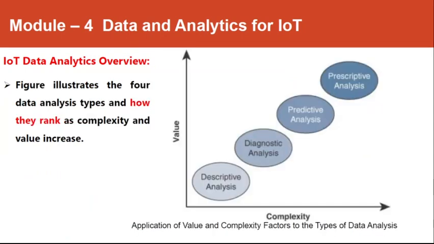In the figure you can see the four analysis types and how they rank in complexity and value. Descriptive analysis has the lowest rank. Next comes diagnostic analysis. At the third level we have predictive analysis. At the top level we have prescriptive analysis, which provides higher value but is very complex to implement.